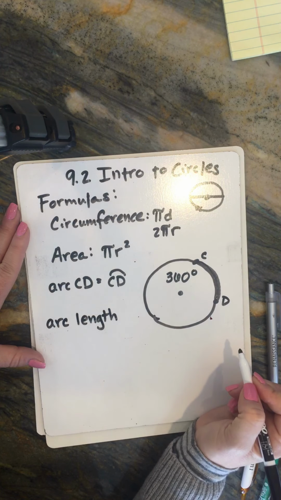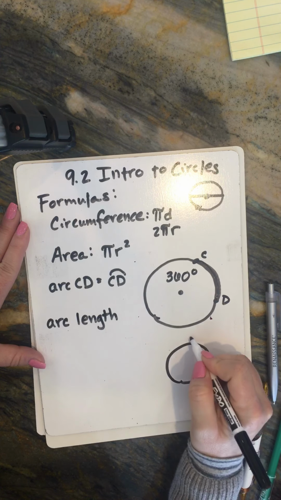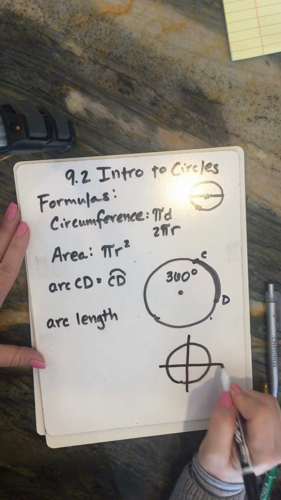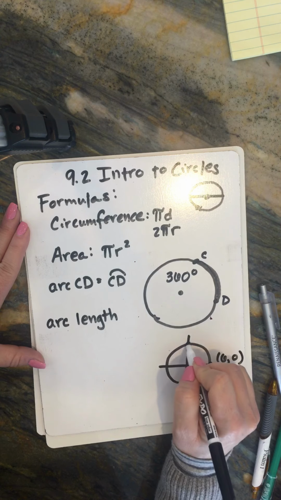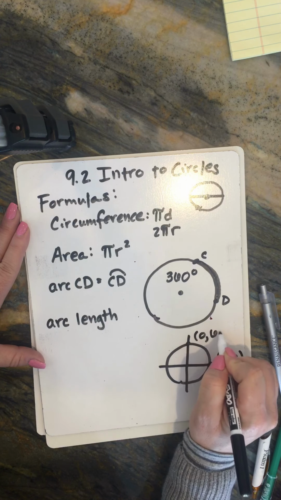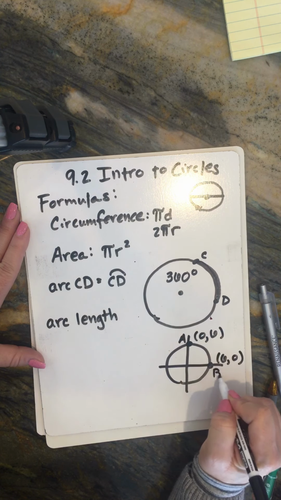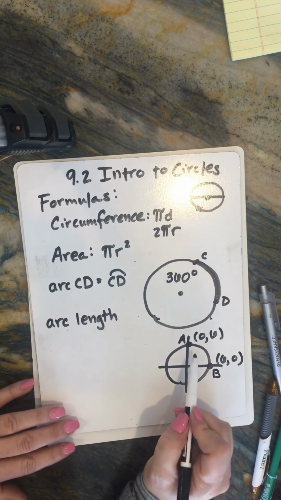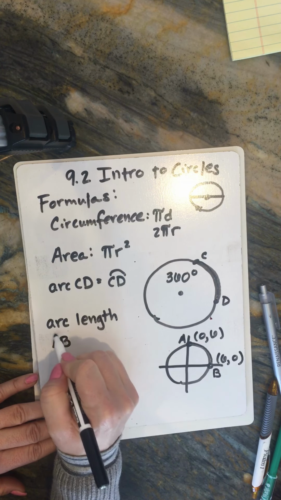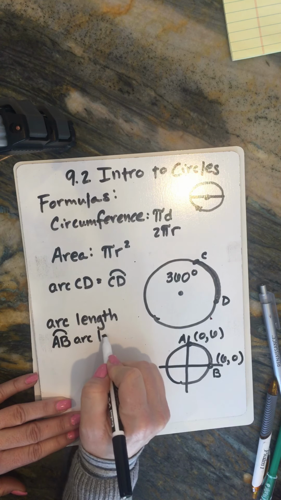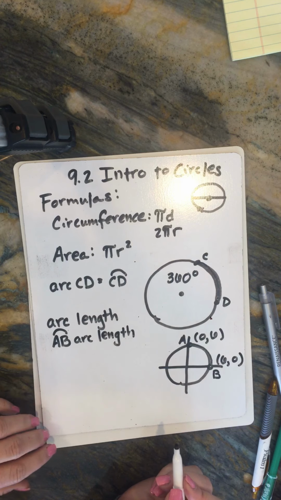The arc length. So let's say that we've got a circle. Again, here we go, here's a circle. And let's put them on the coordinate plane. And we'll say that this point here is over 6 up 0, and this point is over 0 up 6. And we'll call that A, and we'll call that one B. So the arc length from A to B's arc length is a portion of the entire circumference.